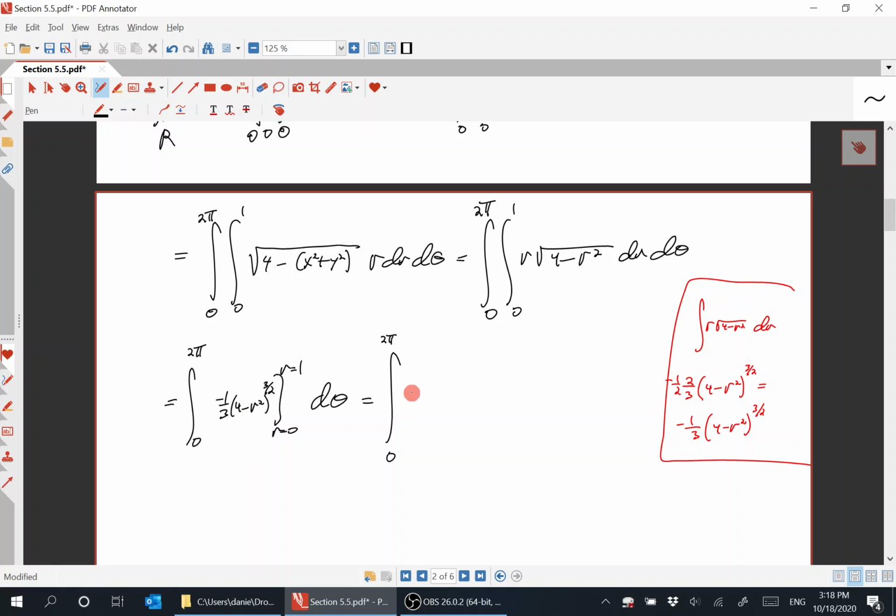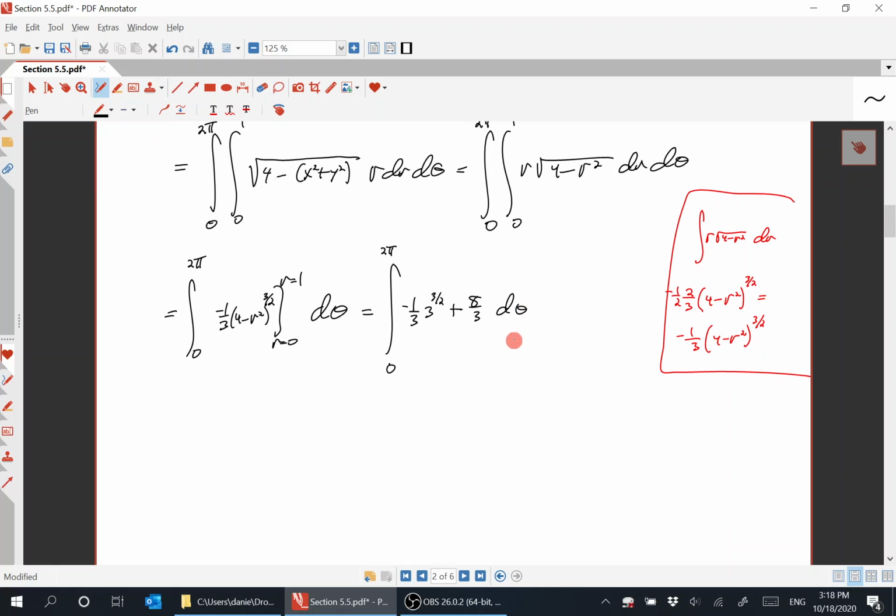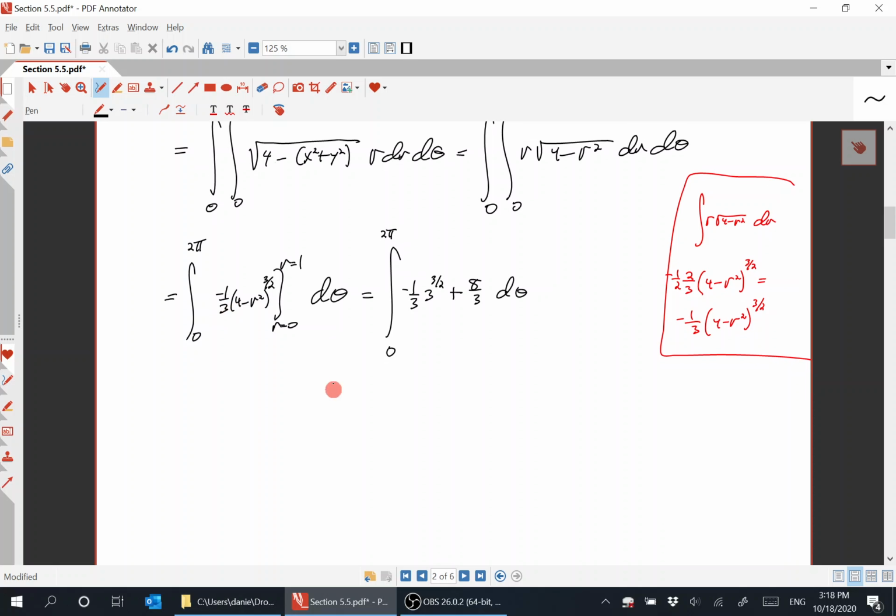At r equals 0, this becomes 8. So at 1, that's minus 1/3 times 3 to the 3/2, plus, at 0, 8 times 1/3.